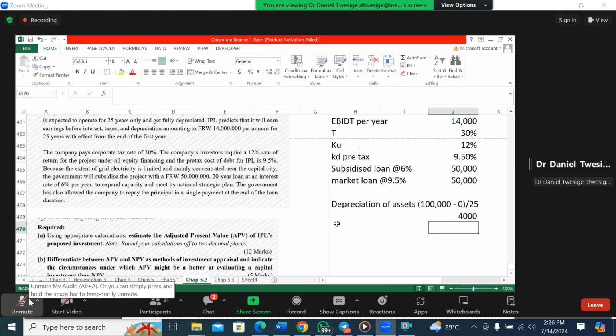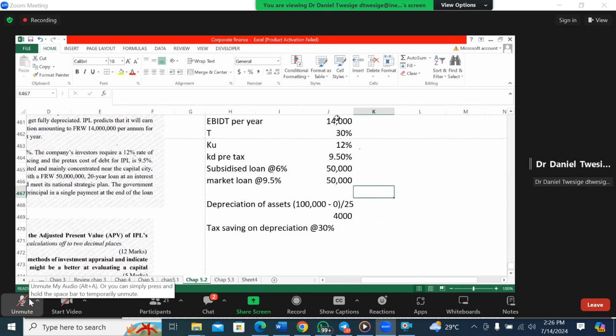So what's going to be the tax saving on this depreciation, at 30%? That's the tax saving on the depreciation.